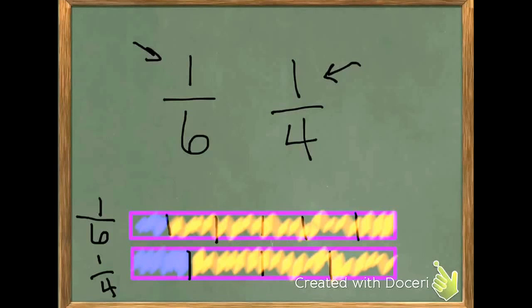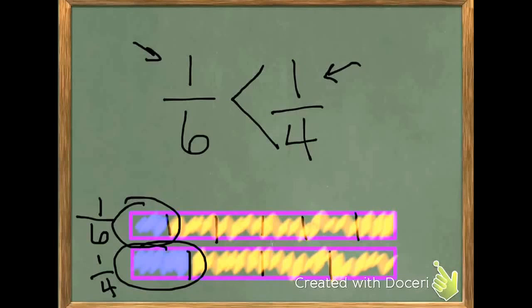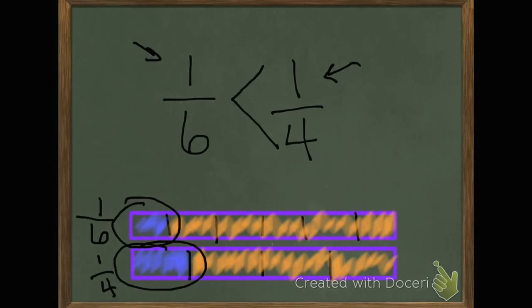So, that means that 1/6 is less than 1/4. If I look at my scarf, I can see that the 1/6 is smaller than the 1/4. So, the smaller the denominator, the bigger the part, the bigger the fraction is.